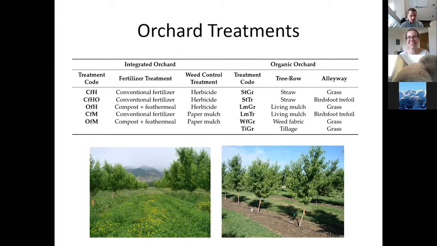And this picture on your right is actually a tillage strip. So that was organic with tillage. So we had organic with living mulch, organic with tillage, conventional with compost, conventional just with herbicide, conventional with mulch, organic with mulch. It was fun.